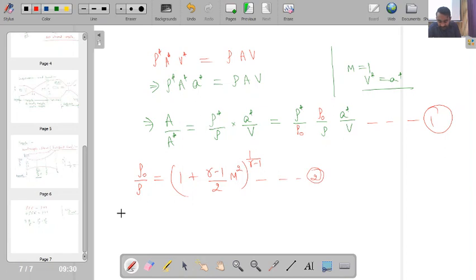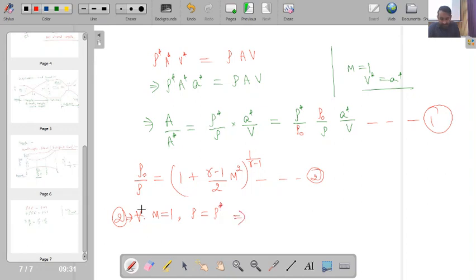Now, if I specifically calculate equation number 2 for Mach number equal to 1, Mach number equal to 1 is nothing but my throat. Corresponding to Mach number equal to 1, my density rho is equal to rho star.